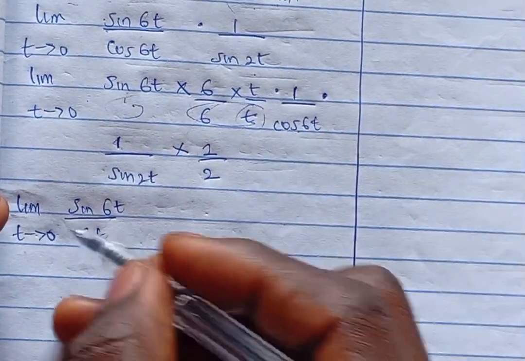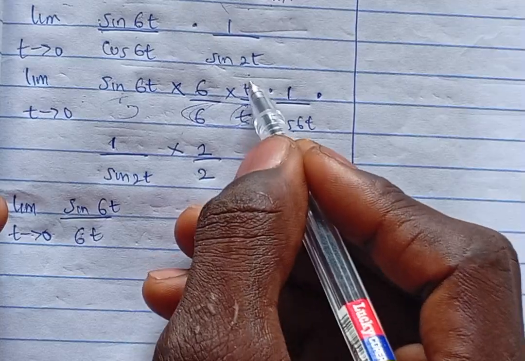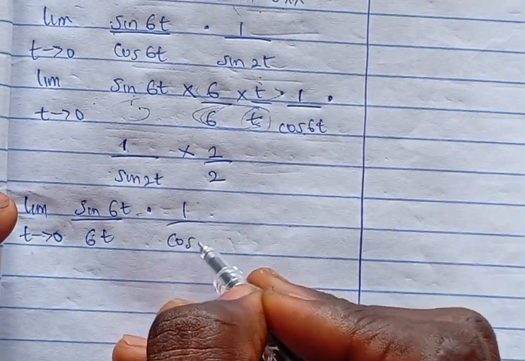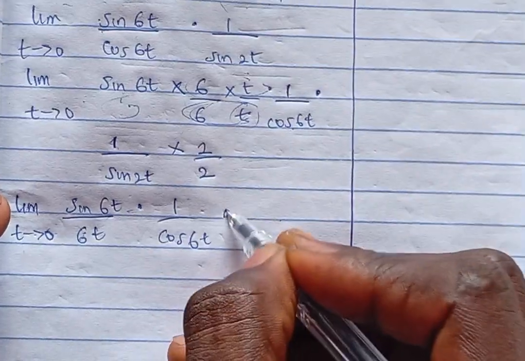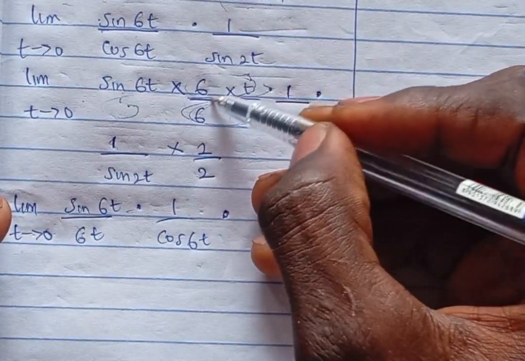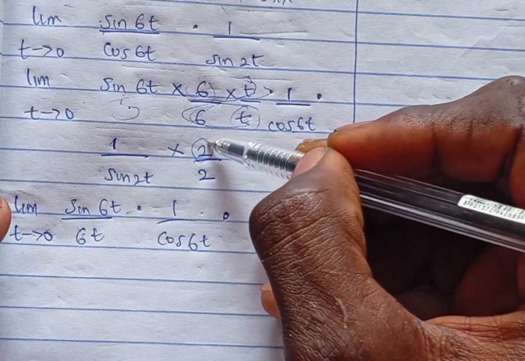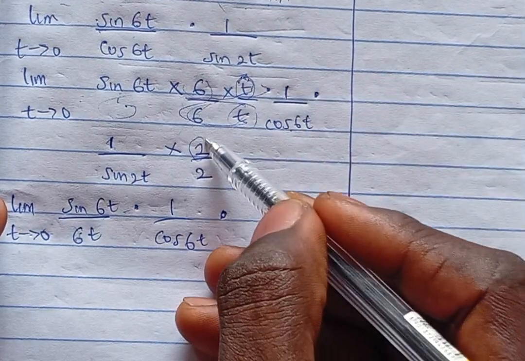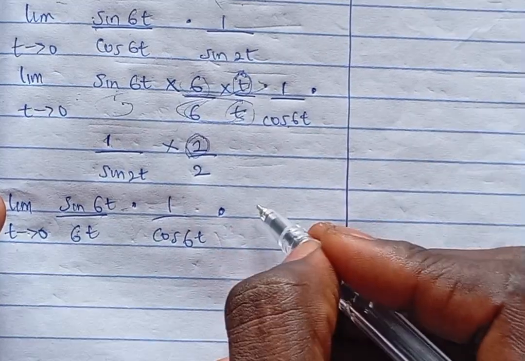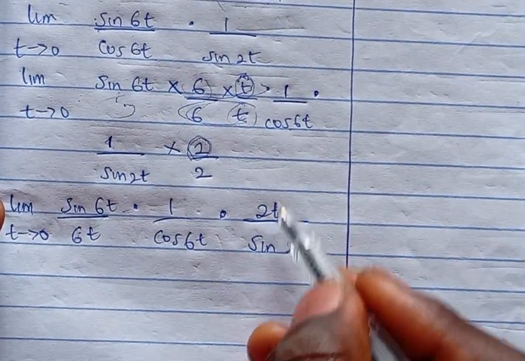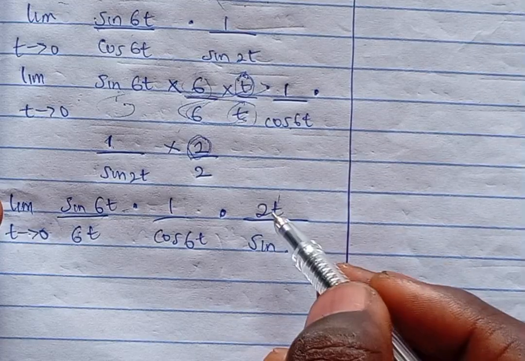So multiply by 6 for this, it remains 6 at the top, multiplied by 1 over cos 6t, multiplied by t with this 2, so I get 2t over sine 2t. So you can see that I have a standard limit like this.